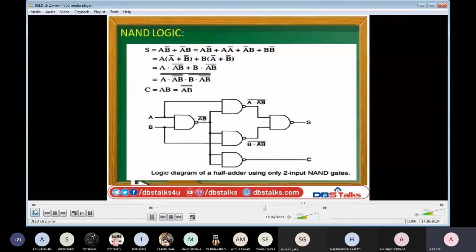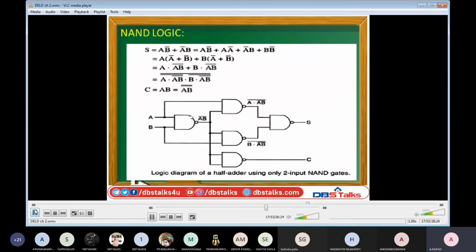Okay, first of all, go back to this circuit. For obtaining the value of S, what are the outputs here?